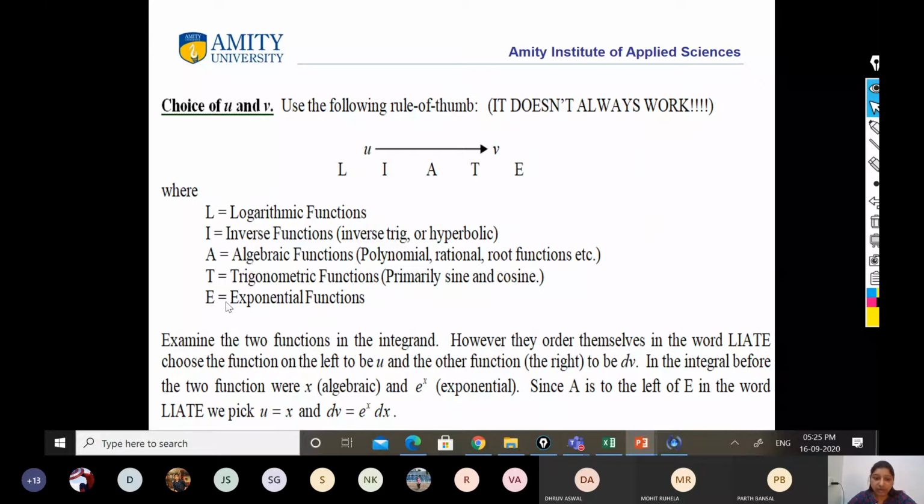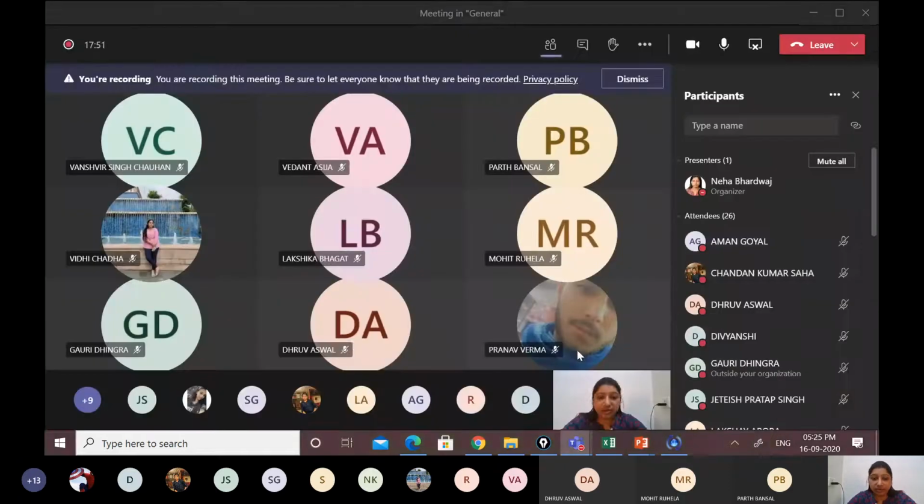Otherwise, we can follow this rule: logarithmic function first, then inverse function, then we'll give priority to algebraic function, then trigonometric function, and then exponential function. Most of the times we use the ILATE method, but I think nowadays it has been changed to LIATE. Yes, am I correct? You people are the recent ones who have started this.